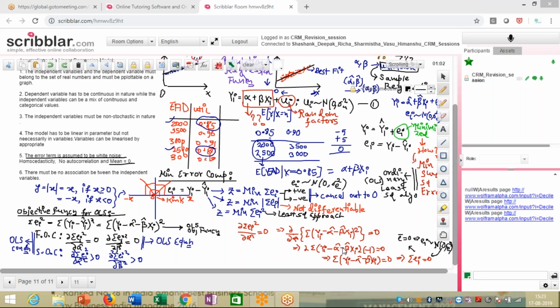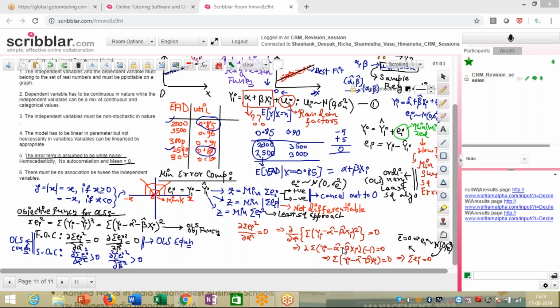For this derivative to be equal to 0, you must have summation of y minus alpha hat minus beta hat xi equal to 0. This becomes your OLS equation, which implies nothing but summation ei is 0. Understood? Okay.